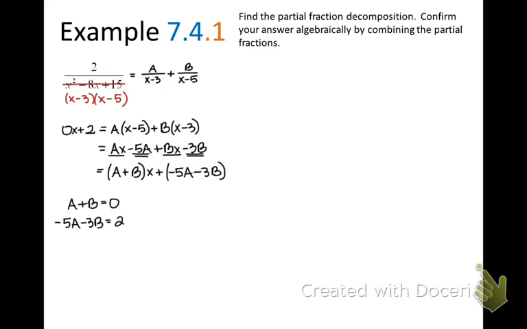In this case, do you think it's faster for us to go to our calculator or just to jot it out by hand? I would say just jot it out by hand, right? And actually, I think most of them today are easier by hand, but we'll see. So you'll notice here, what does a equal if I solve for it? Negative b, and then I can plug that into this equation, so I would get negative 5, replacing a with negative b.